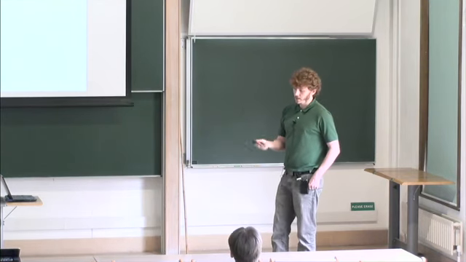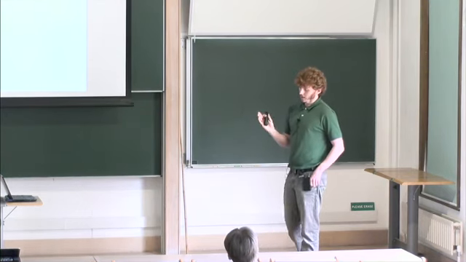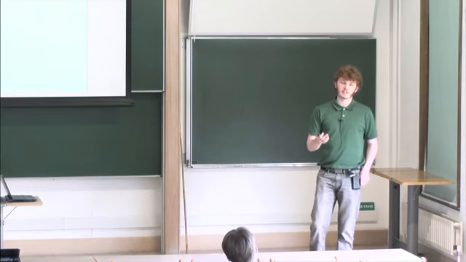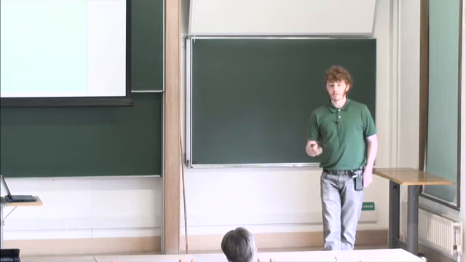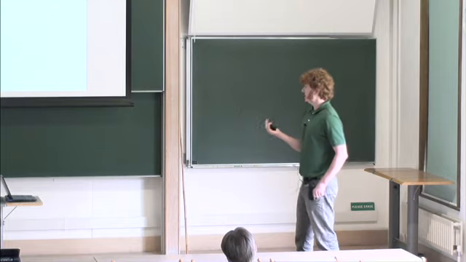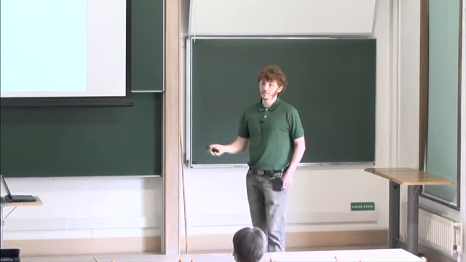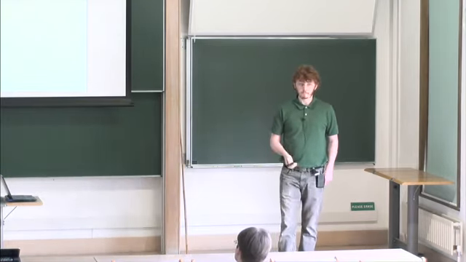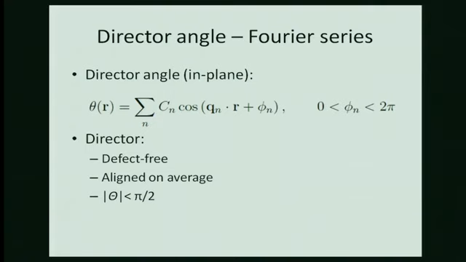And also, we can assume, at least for some cases, that the variation of the director is smooth. So the idea would be, let's try to approximate it with a Fourier series. It would then be fully defined by the magnitudes of every component, and the phase shifts of every component.